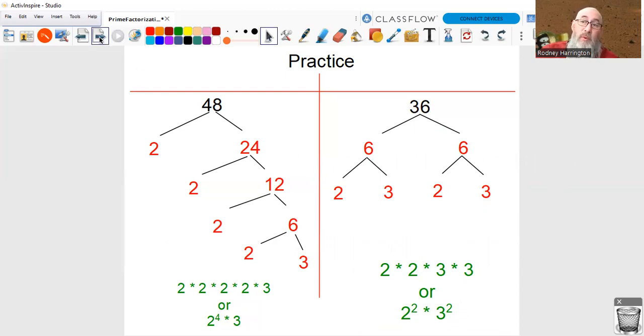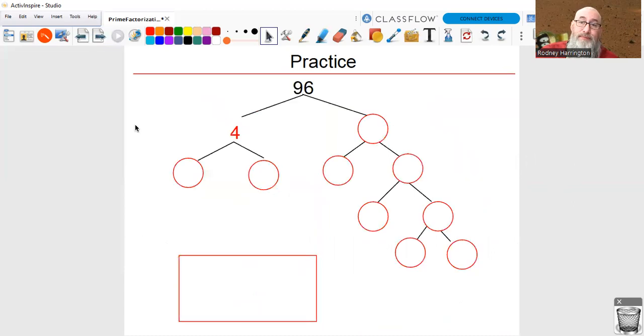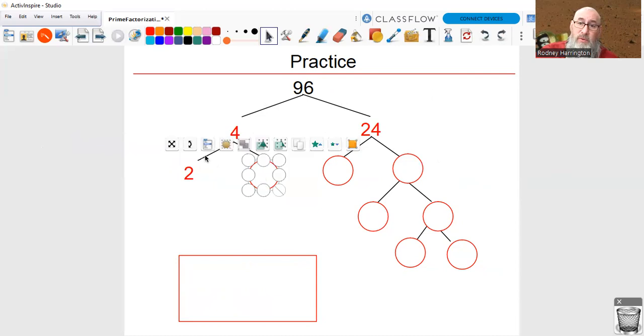We'll go on to our next example. Here we have 96. The bigger the numbers, the more ways that they can be done. We know it's even. We could have done a 2. I chose to do a 4 just to show you don't always have to do the 2. So if we use our 4, 4 goes into 96 24 times. 4, we're going to use 2 times 2.